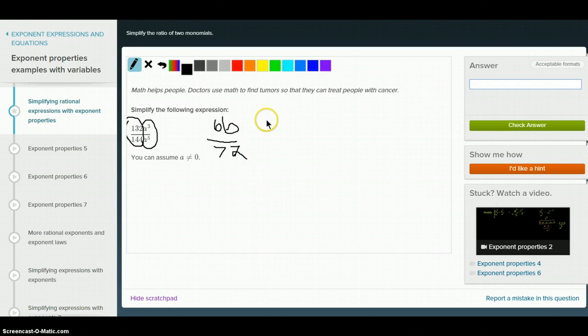Okay, and we can divide those by 2 again, and that would be 33, and 72 divided by 2 would be 36. Okay, so it looks like we're getting a little closer here, and so we can divide by 3, and that would be 11 over 12.